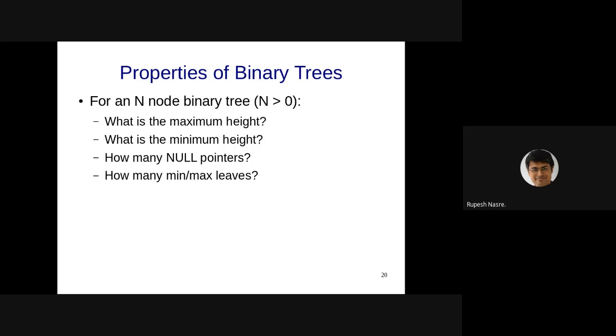The height can vary, the number of leaves can vary, but some things remain the same, for example, the null pointers. Okay, that sounds good, so I'll just mention that here. That 0 or 1, I think we should consider it to be 1 for the minimum, not 0 really, and then n by 2.